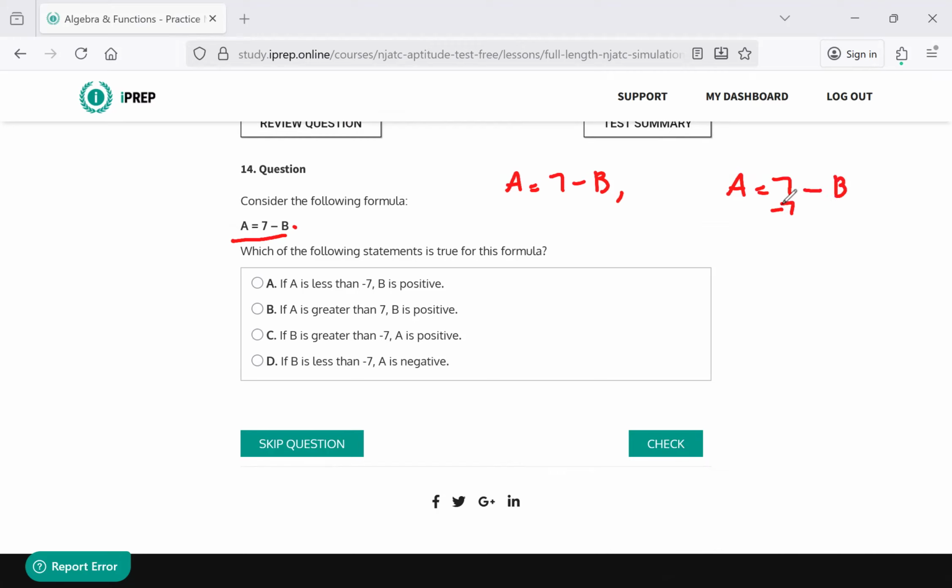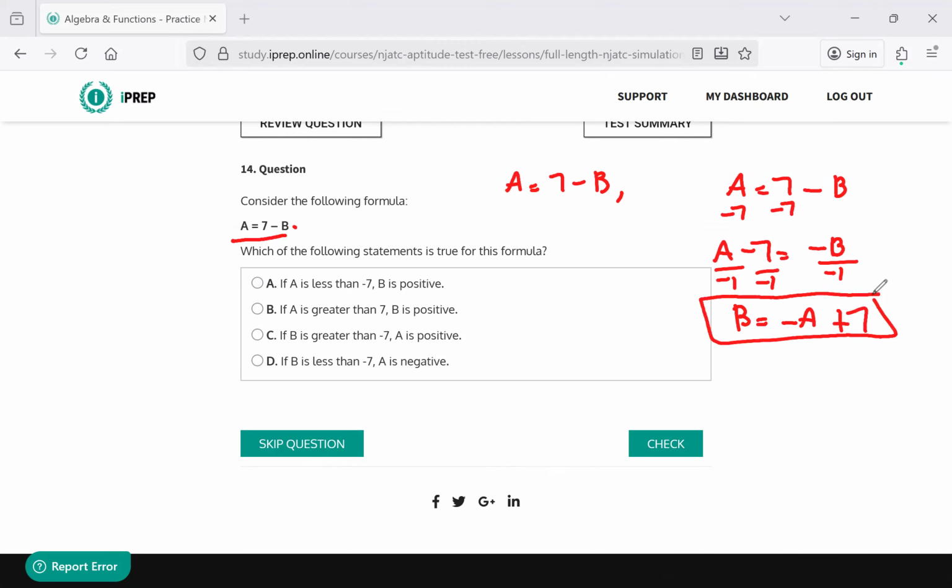I would have to subtract 7, and get rid of this minus by dividing everything by negative 1. So I get b equals negative a plus 7. I'm going to box it, and I'm going to box this as well. So this is going to make our life easier.